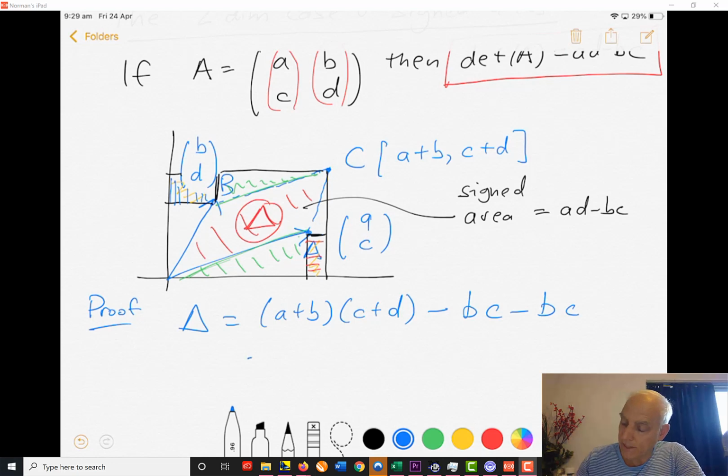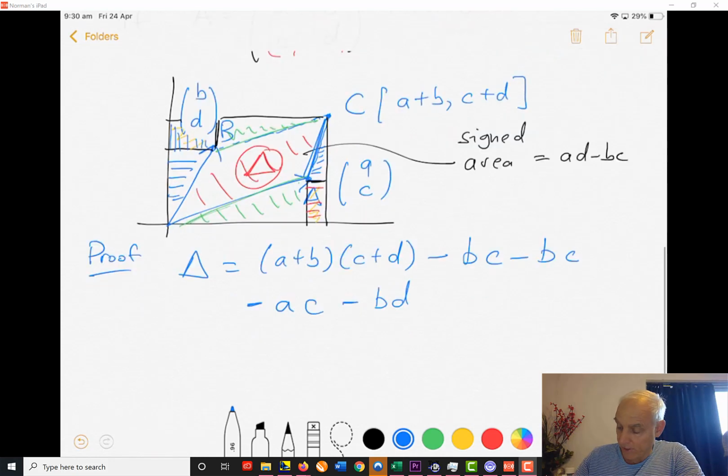Okay, so the rectangle is going to have side, the bottom is A, and the height is C. And then there's another one. Let's do it in blue, let's say. So this triangle and this triangle here, they don't look very much the same, but they're just 2 sides of a rectangle. If you put them together, they're going to give a rectangle with dimensions B, D. Okay, so we do all of that.